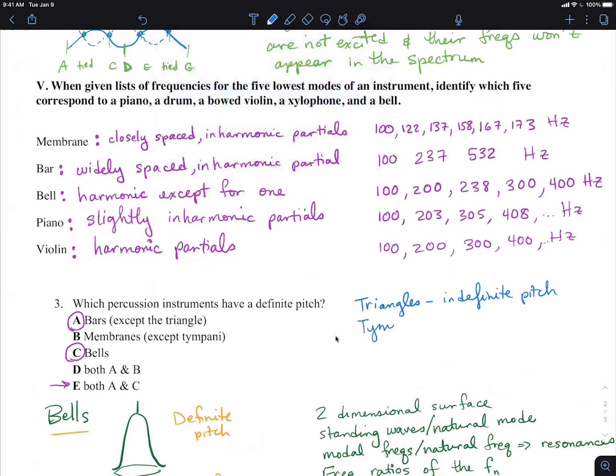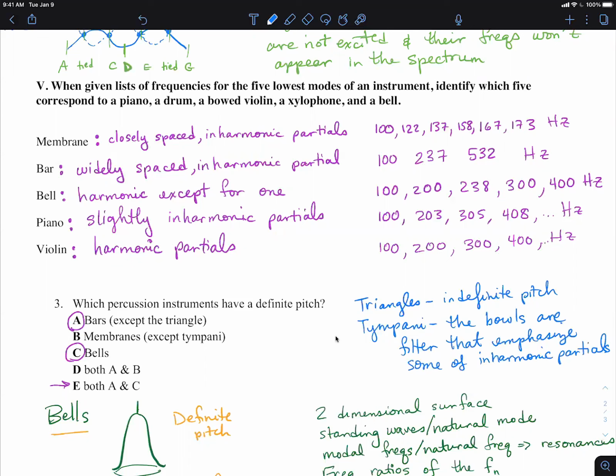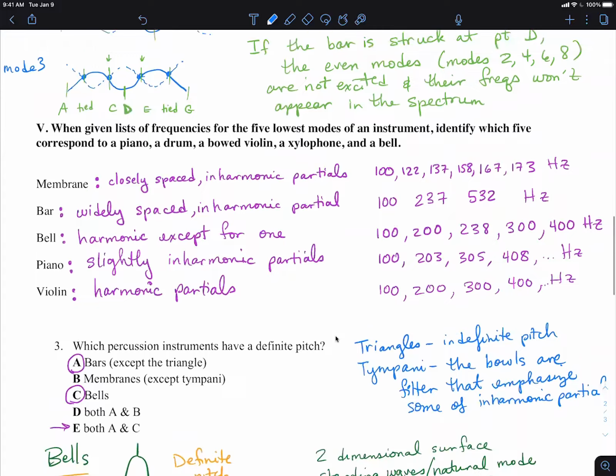And timpani, the bowls, are filters that emphasize some of the inharmonic partials in a way that gives a perception of a pitch, or at least, different ranges, but it's the filter of the timpani, the bowl acting as a filter that does that.